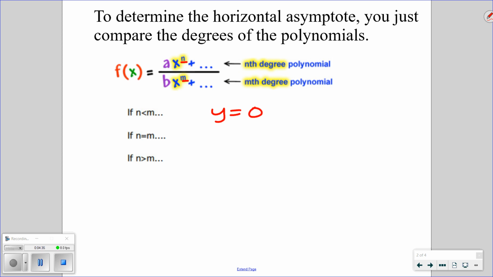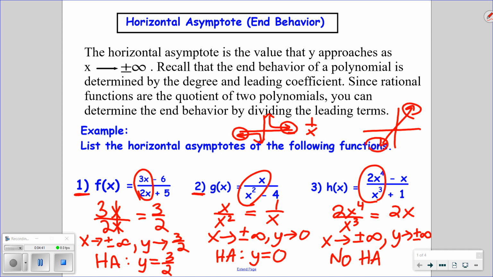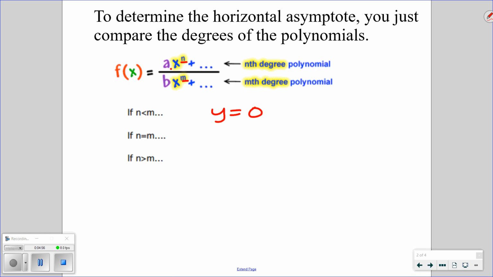If n equals m, which means the degrees are the same, that's what we saw in example 1, then notice the horizontal asymptote comes from the quotient of the leading coefficients. Because our HA was y equals 3 over 2. So A and B are the leading coefficients.